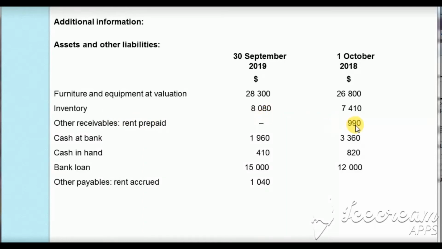However, on 1st October 2018, it was $990. Cash at bank $1,960 and $3,360. Cash in hand $14 and $820. Bank loan $15,000 and $12,000. Other payables, rent accrued on 30th September 2019 was $1,040, and we don't have any value for 1st October 2018.